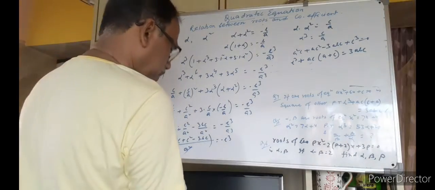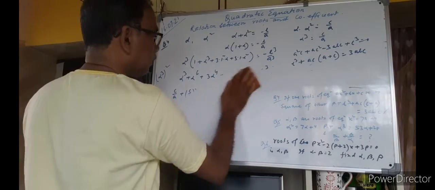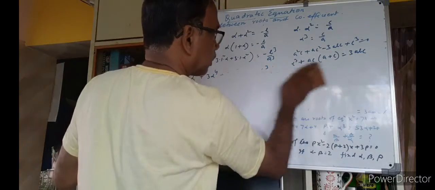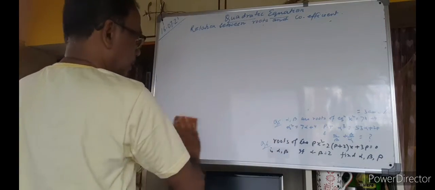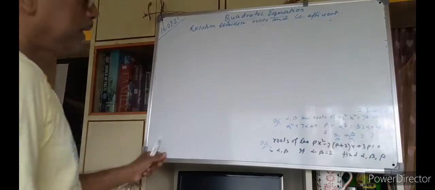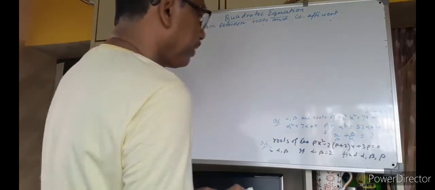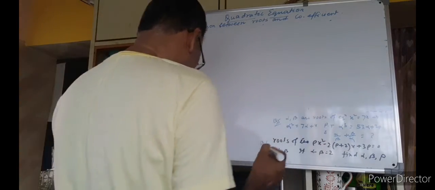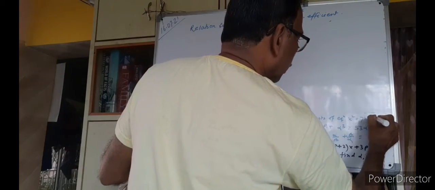Now sum number 5. Here alpha and beta are the roots of the equation x square equals 7x plus 4.